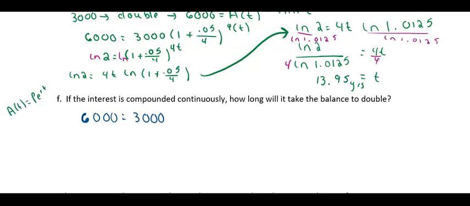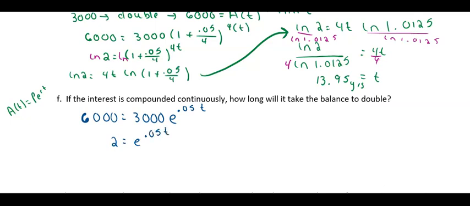So here we have A of t is 6,000, P is 3,000. We need our E, and we need to raise that to the R. R is our rate, 0.05, and our time. So divide both sides by 3,000, and you'll get 2 is equal to E to the 0.05 t.